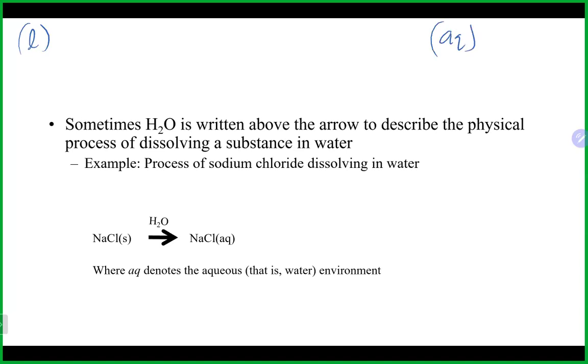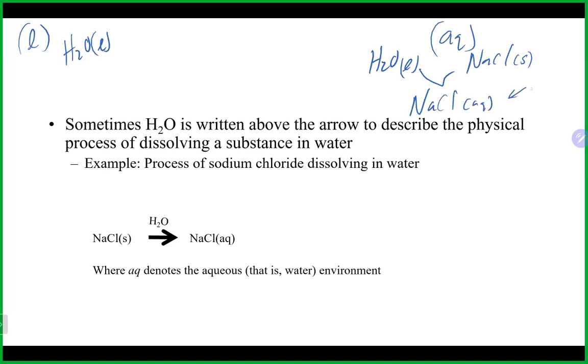Something in the liquid state is like a pure liquid, like water by itself, a pure substance. But if you took a pure substance like water, and like what we see in the equation on the bottom, some solid sodium chloride would dissolve in the water and make a sodium chloride solution, which is basically a homogeneous mixture, right? Everything looks the same throughout, and it's a physical change that's occurring in that particular case.